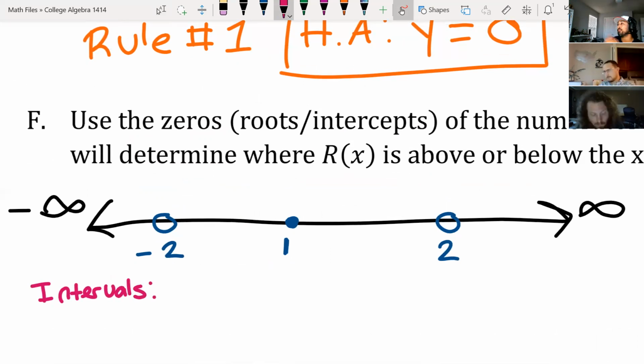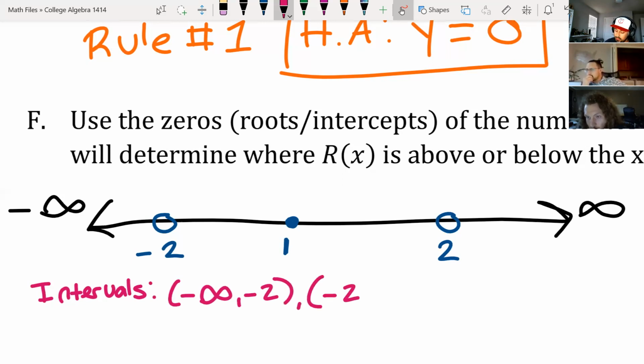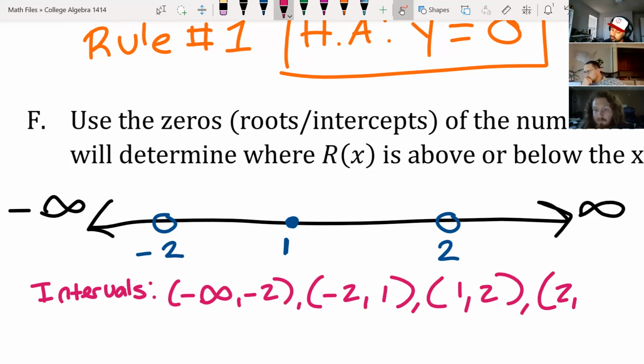We have basically broken up the number line with all the x values we have found. So here we have -infinity to -2, -2 to 1, 1 to 2, and 2 to infinity. These are the intervals of my number line. And these are also intervals that represent our graph above.